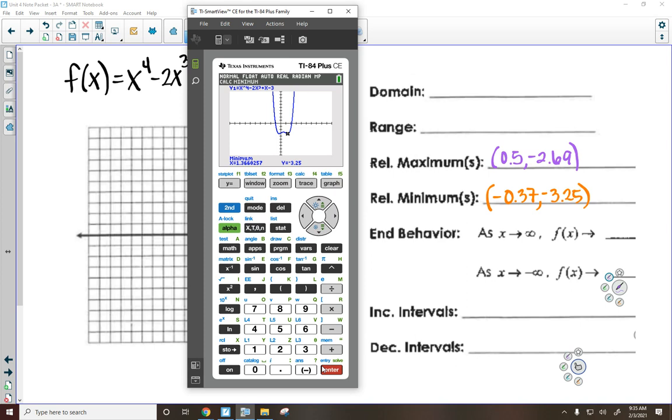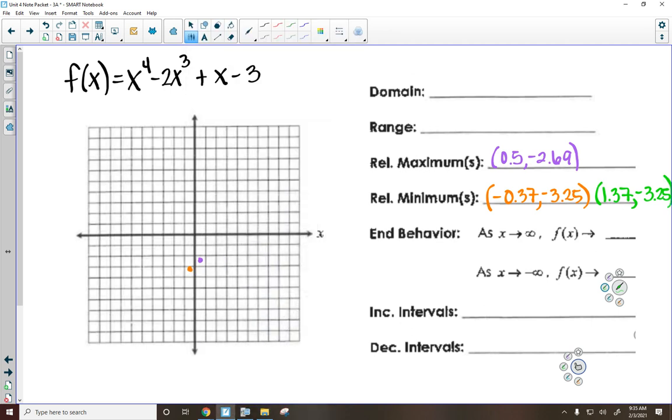So my final extreme value is at 1.37 and negative 3.25. 1.37 and approximately there. So it's nice, those orange and green points look to be reflections of each other, and that's true because of our patterns here in that quartic.